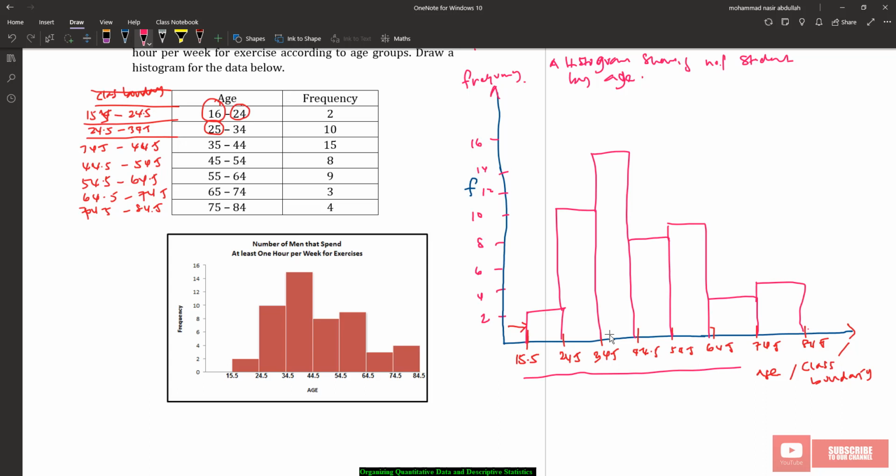Okay. So the shape. What is the objective of doing a histogram? Same as stem and leaf. We want to know the shape of the distribution, right? So if you look at this histogram, we already know this is a skewed to the right distribution. Okay.